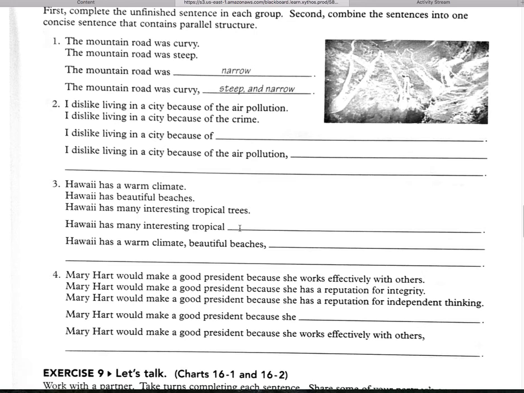All of these are modified nouns: warm climate, beautiful beaches, tropical trees, and tropical blank. So you could say Hawaii has many interesting tropical flowers or tropical fruits. Your sentence: Hawaii has a warm climate, comma, beautiful beaches, comma, tropical fruits or tropical flowers, optional comma.